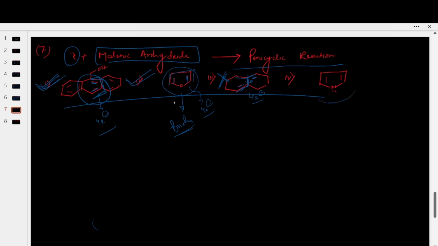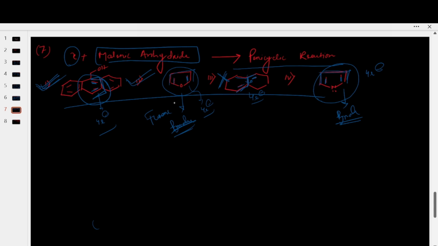And what about, sorry, it's not pyrrole, it is furan, and this is pyrrole. Sorry for the mistake. So what about pyrrole? It also contains 2 double bonds, which are a 4 electron source, in cis configuration. Then it should take part in the Diels-Alder reaction, but in this state it can't.